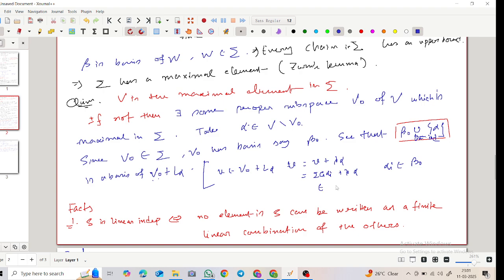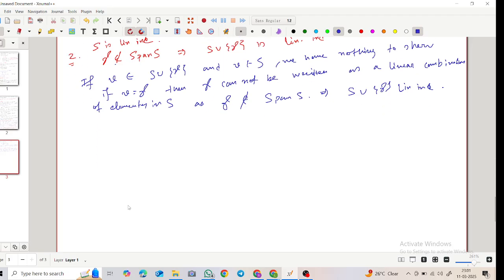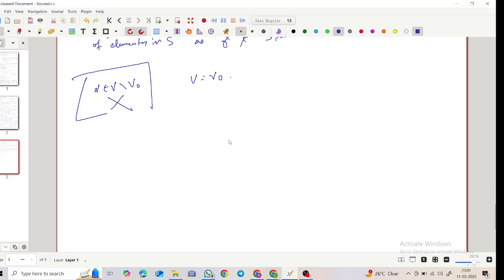Thus this thing is in span of beta naught union alpha, okay? So what do we get? We get V naught plus L alpha is in sigma, right? Which is a contradiction, because V naught was the maximal element, right? So alpha was chosen from V minus V naught, right? So that's incorrect. So V is V naught. Clear? Okay.